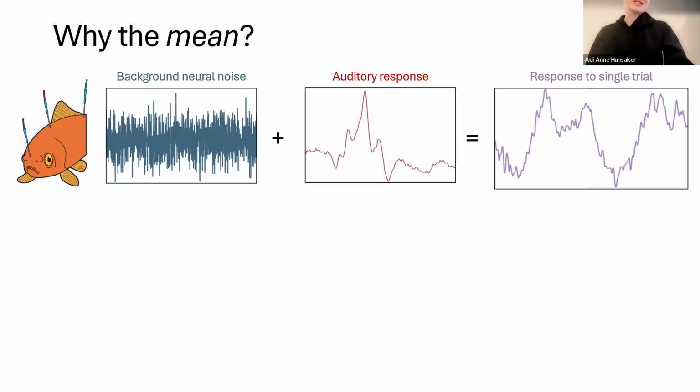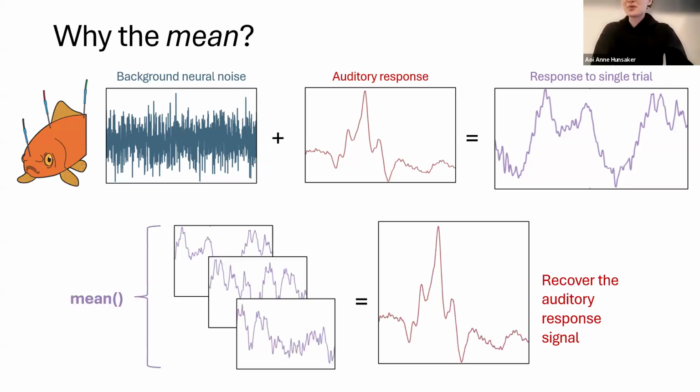So all of these electrodes on the head are recording all different sorts of neural activity. But luckily, since this noise is random and is not time locked to the stimulus presentation, or when I present the sound, if we calculate the mean across multiple trials, the average value of this noise will approach 0, and we can recover the auditory signal that way.